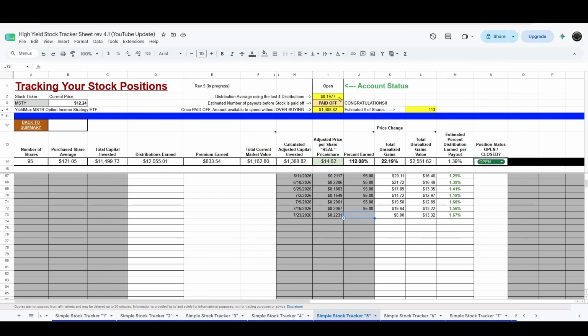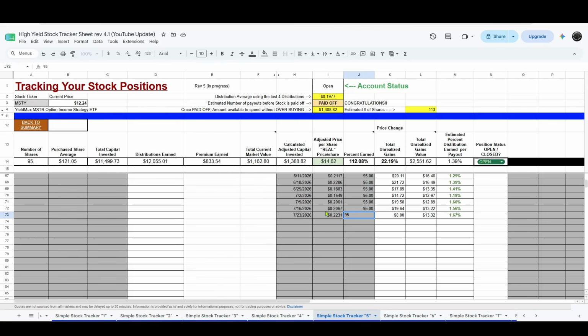For MSTY, this one here I've had paid off for a little while, and we earned 22 cents this week, and I have an average of 19 cents per distribution, right? So we did surpass that one this week, and I have a total of 95 shares. But since this one is paid off, my real price per share is a negative, right? Because it is indeed below zero.